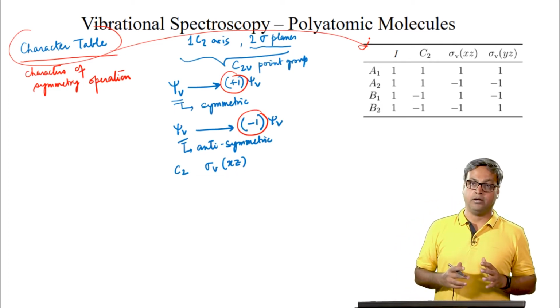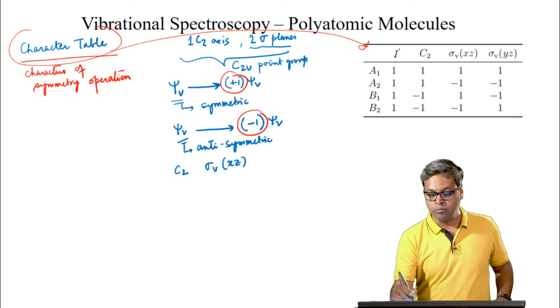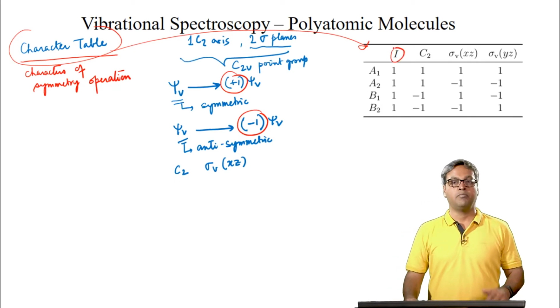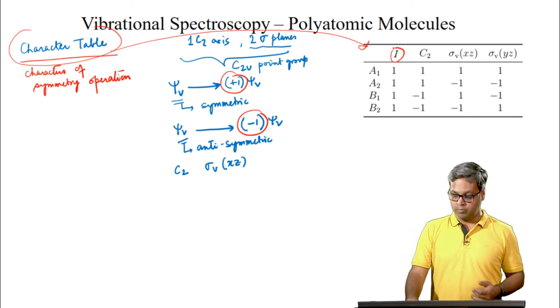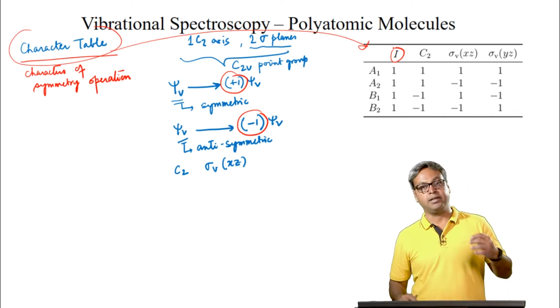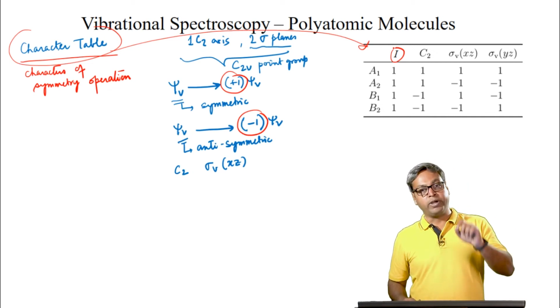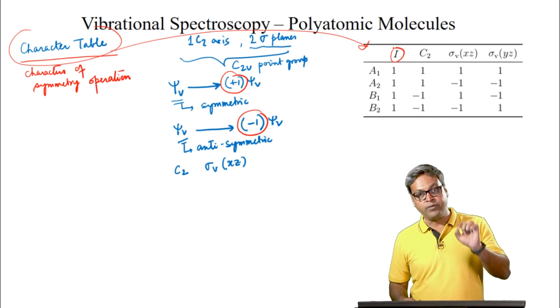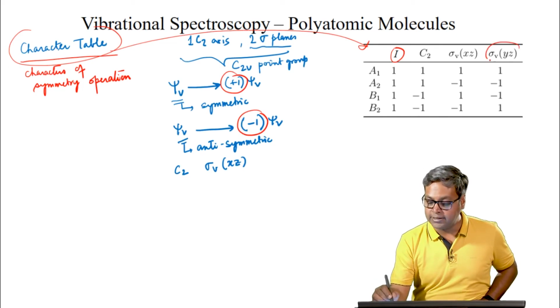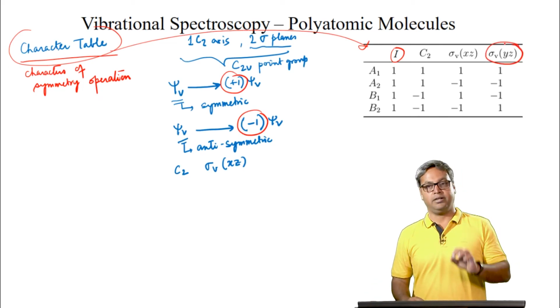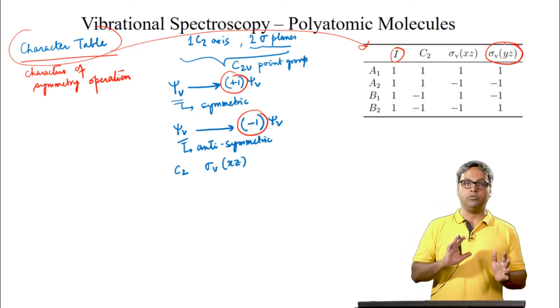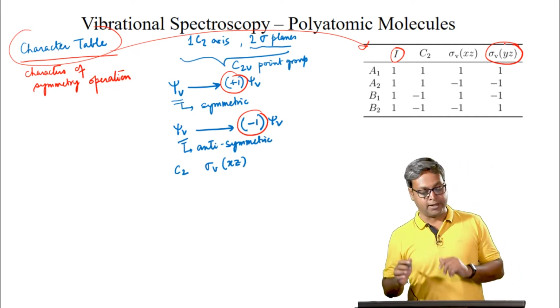The character with respect to I must always be plus 1, because this is an identity operation. We can see that sigma v yz is generated from C2 and sigma v xz.